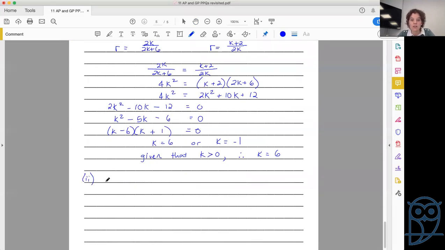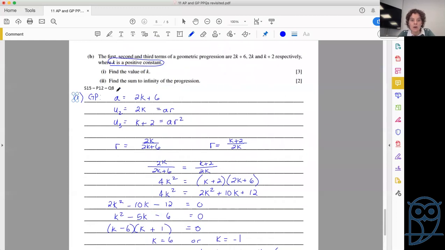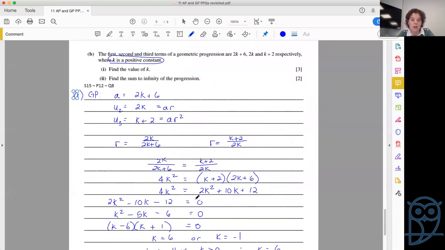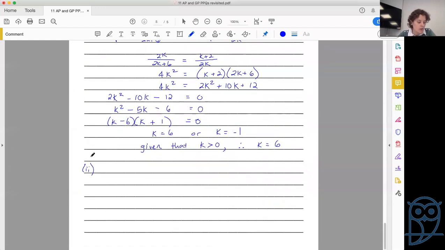So once we've got the value of k, then the value of a and r becomes a lot easier. So a equals 2 by 6 plus 6, which equals 18. r equals 2 by 6 over 2 by 6 plus 6, which equals 2/3.